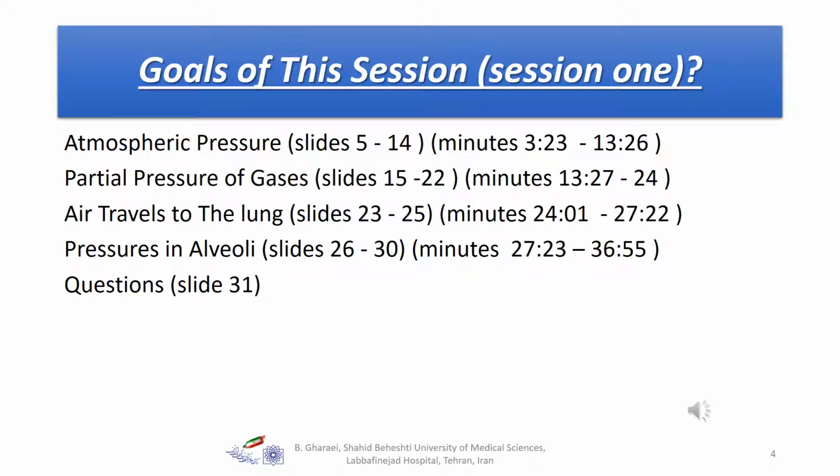You also find in this slide the number of slides related to each topic, also the range of minutes which will cover these topics in the film.